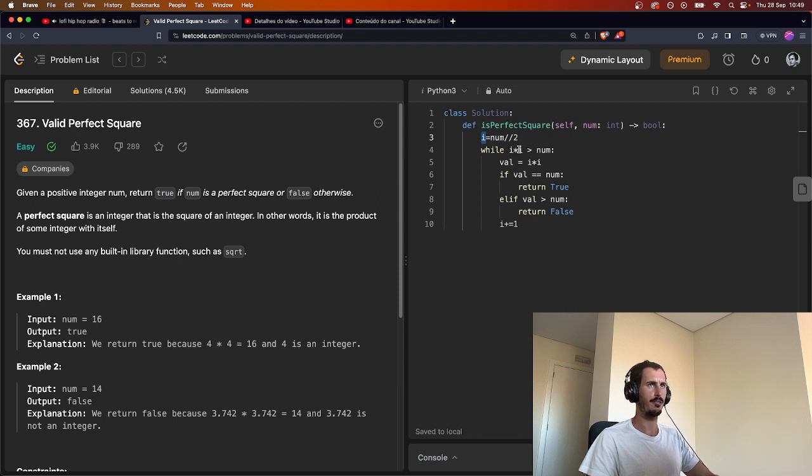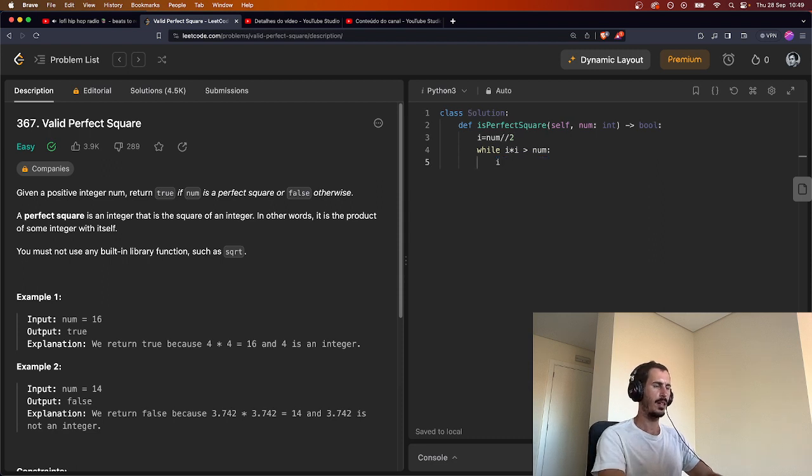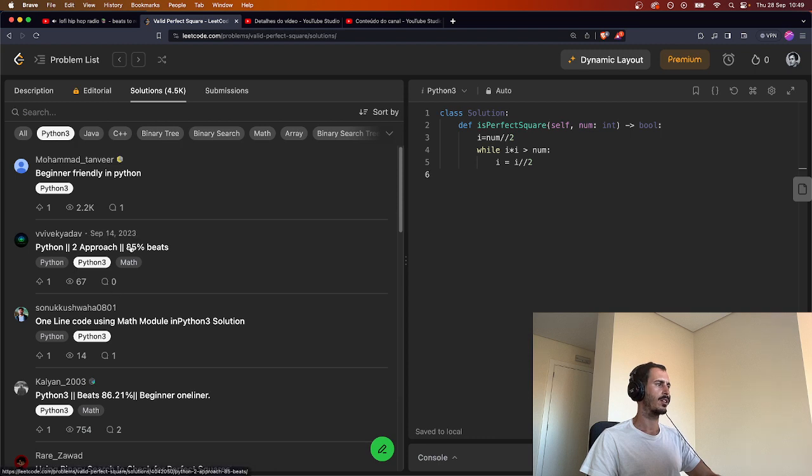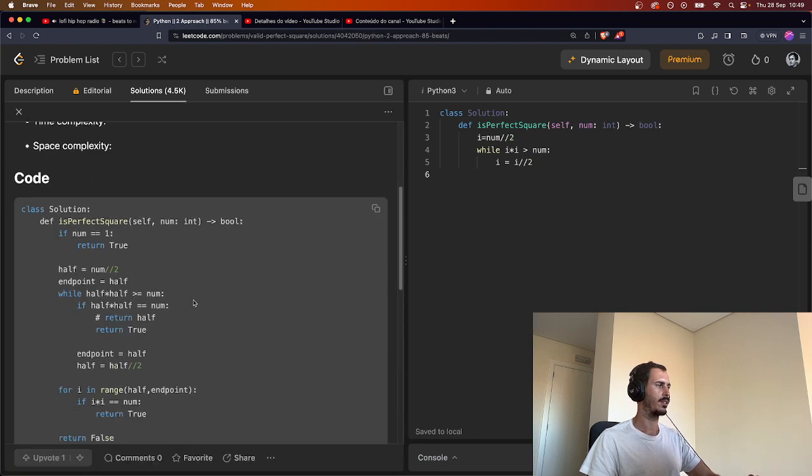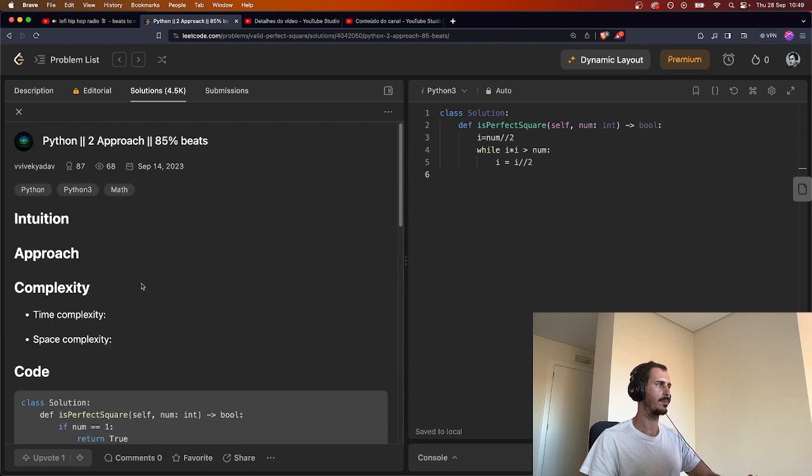While i times i, 5 times 5 is 25, bigger than number, we just decrease it. i equals i divided by 2. And no, should we divide it by 2? I'm not sure if they were dividing or just subtracting 1. Let me check. Yeah, they were dividing by 2. Okay.